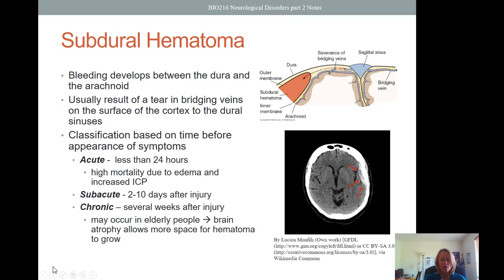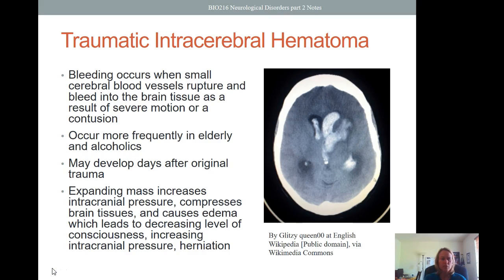Chronic may occur in elderly people, because brain atrophy can allow more space for the hematoma to grow before it causes a real increase in intracranial pressure. Intracerebral hematomas occur when small cerebral blood vessels rupture and bleed into brain tissue, or as a result of severe motion or contusion.